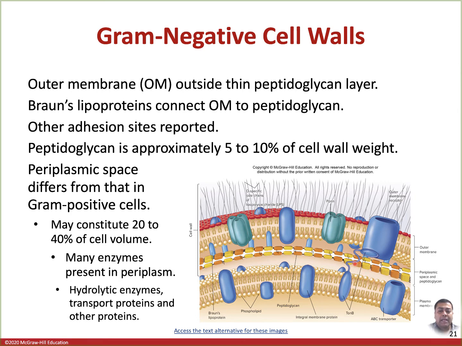Once molecules come into the periplasmic space, they can get into the cell by these ABC transporters, known as ATP binding cassette transporters. We have talked about that in cell biology.